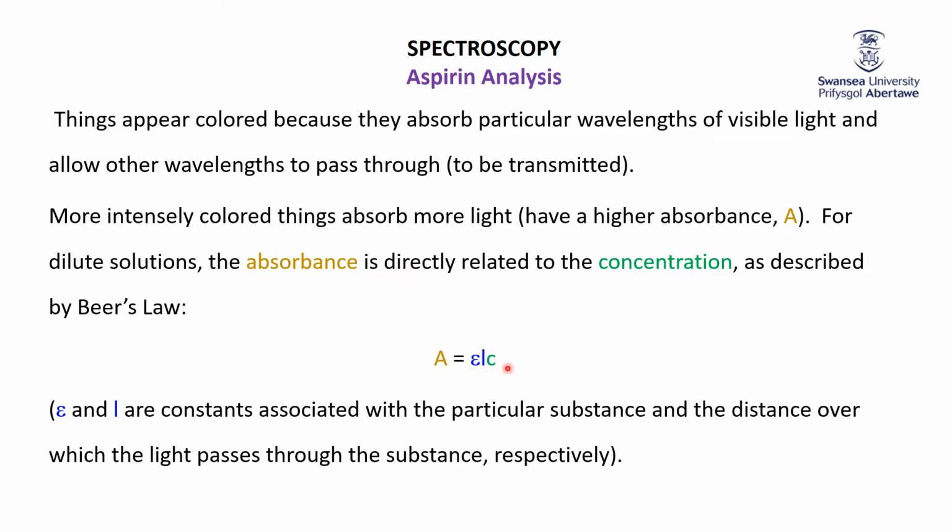And then here's C, the concentration. So A, absorbance, is equal to a constant times the concentration. And that's so important: absorbance is directly proportional to the concentration. I think I've said that one way or another 5 times. This Beer's law is the fundamental idea that we're going to be utilizing in this experiment.